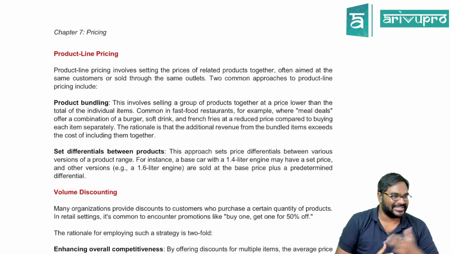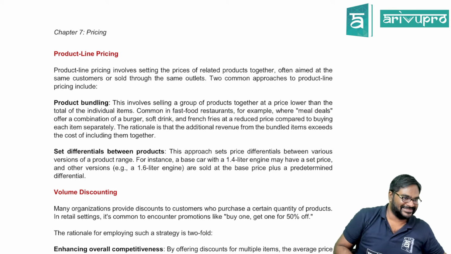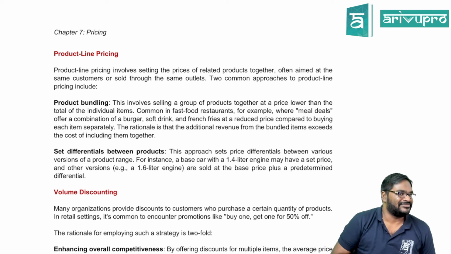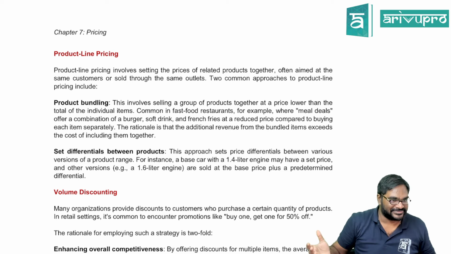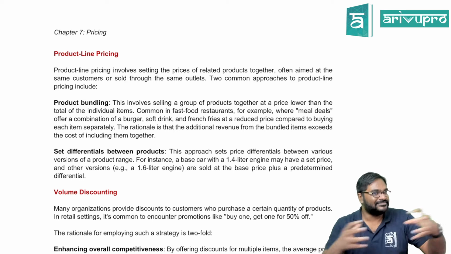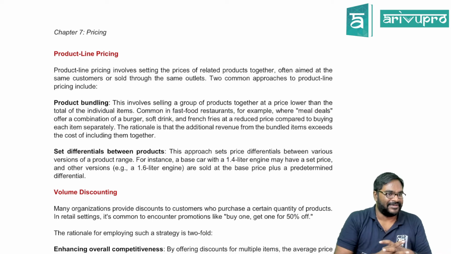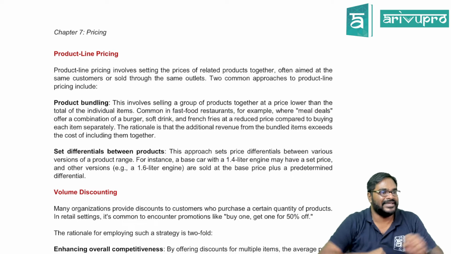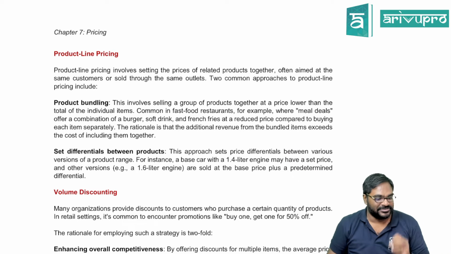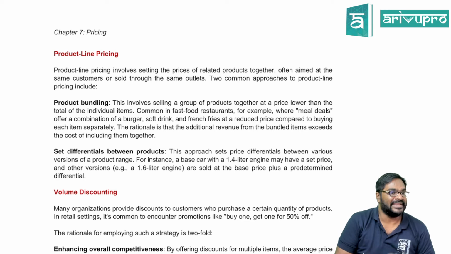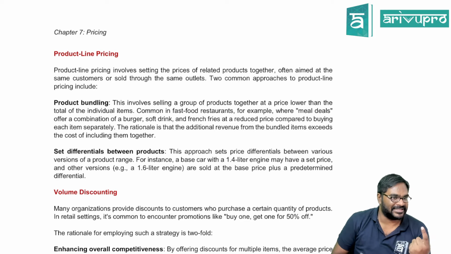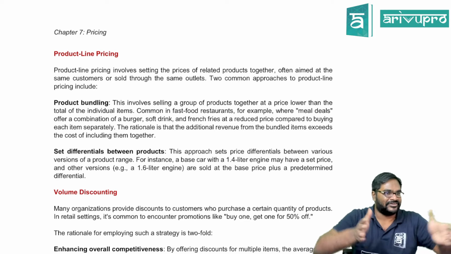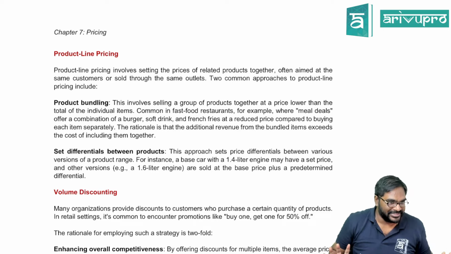And this morning I saw that if you purchase Red Bull, Lay's will be given free or something. Combos. When it comes to meals, combos. These kinds of things you are combining together, right? But if you take them separately, the price will be higher. The combo would be at a lower price. So this is known as product line pricing. You are not pricing for one particular product, you are pricing for a bulk of products. Are we good? Right.